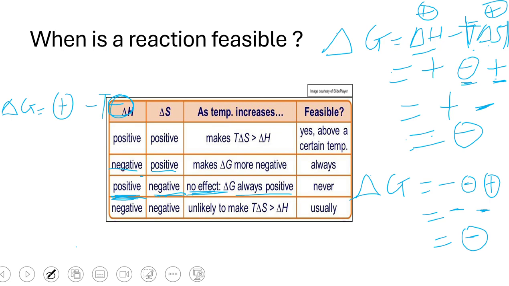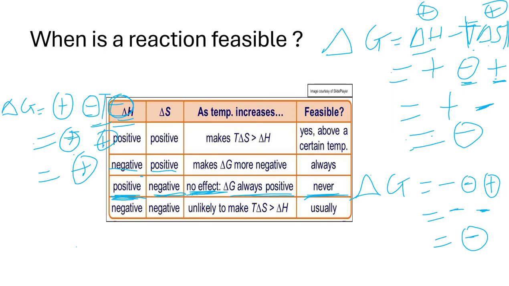No matter the value of T, negative multiplied by a negative value will give you a positive value. So positive plus a positive value will give you a total of a positive value. If the delta G is positive, it means the reaction will not be feasible. So it will never be feasible. So there will be no effect.